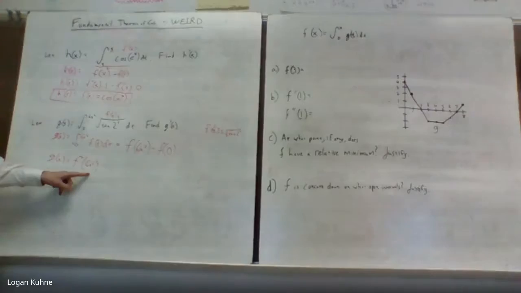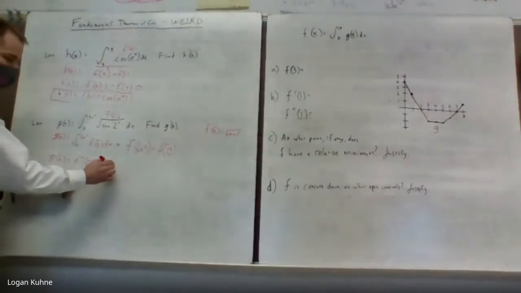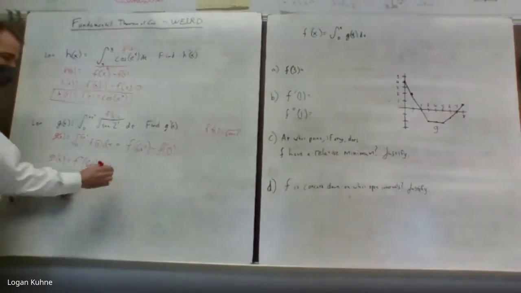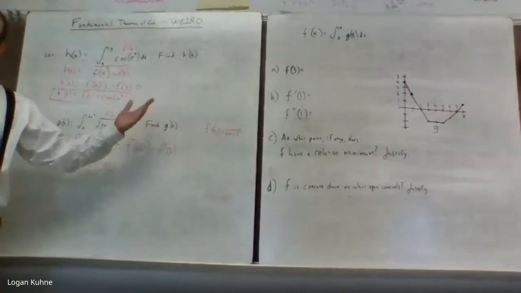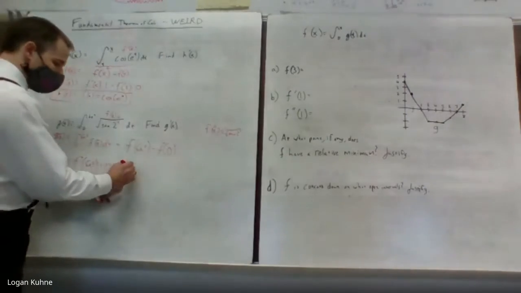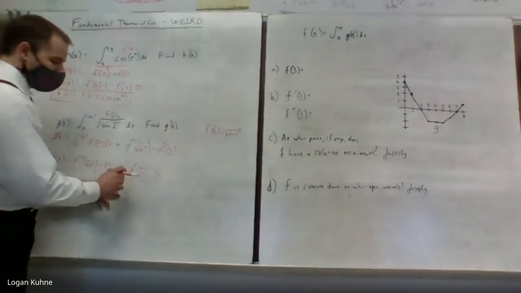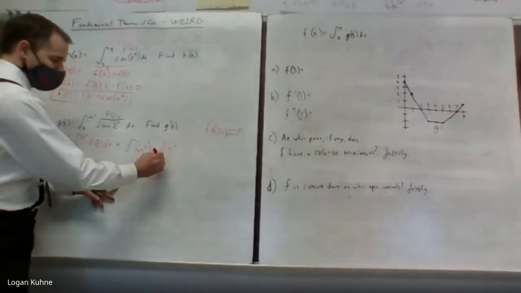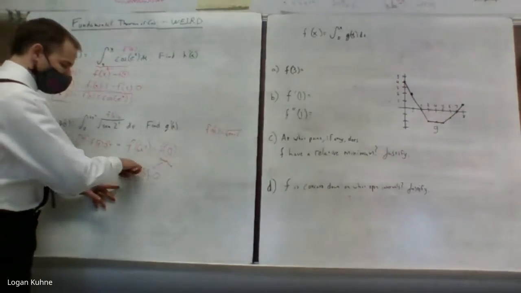What's the derivative of 6x squared? 12x, minus f prime of 0. Well, I know that's just going to be a constant, right? I mean, it'd be f prime of 0, chain rule times 0. Okay, fine. Or you can just say that's a constant. So it's really just 0.